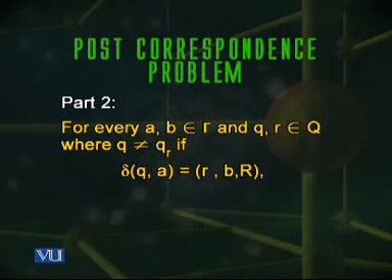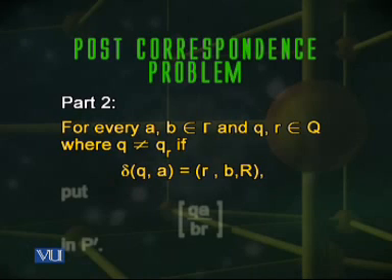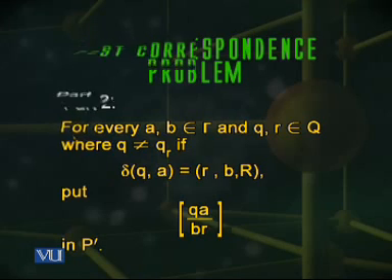Suppose that we have delta of Q comma A equals R comma B comma capital R, where Q is not equal to Q reject. In this case, what we will do is put the domino which has QA at the top and BR at the bottom in our collection.